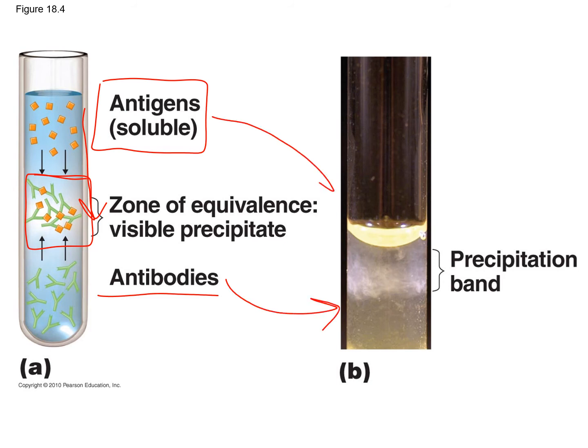You added some patient serum there that has potentially the antigen. The antigen diffused down into the antibodies, and where you see this cloudy white precipitate forming, that is the precipitation band. So that is a positive reaction. Whatever antigen you were looking for in the patient's serum, if it's a virus, a hormone, or a drug, this patient is positive because you have that white cloudy precipitate forming.